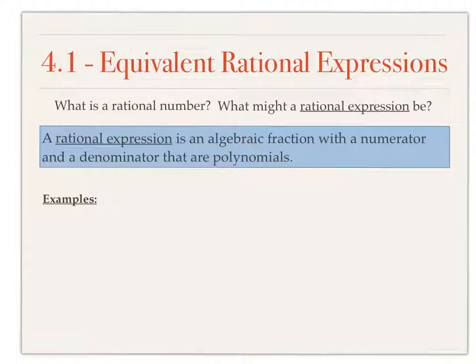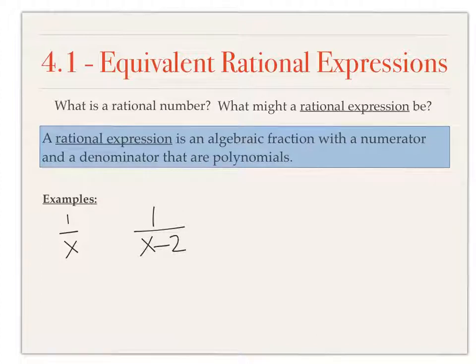So a really basic example of this is 1 over x. Okay, that would probably be the most basic rational expression, 1 over x. It's basically a fraction that has an x somewhere in it. Okay, so you might get slightly harder ones, like 1 over x minus 2.